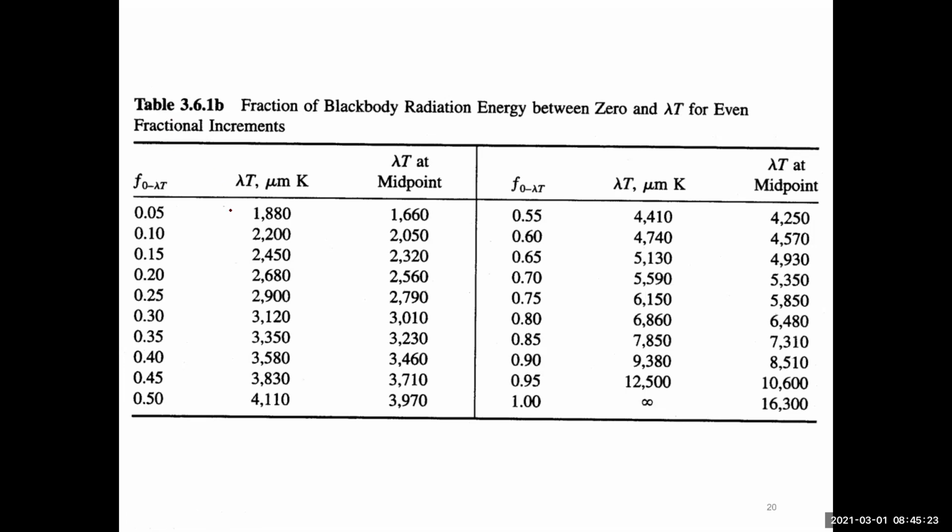It is given as lambda T and the corresponding F from 0 to lambda T, with values starting from 1000 onward up to almost infinity, and the corresponding fraction is given here.